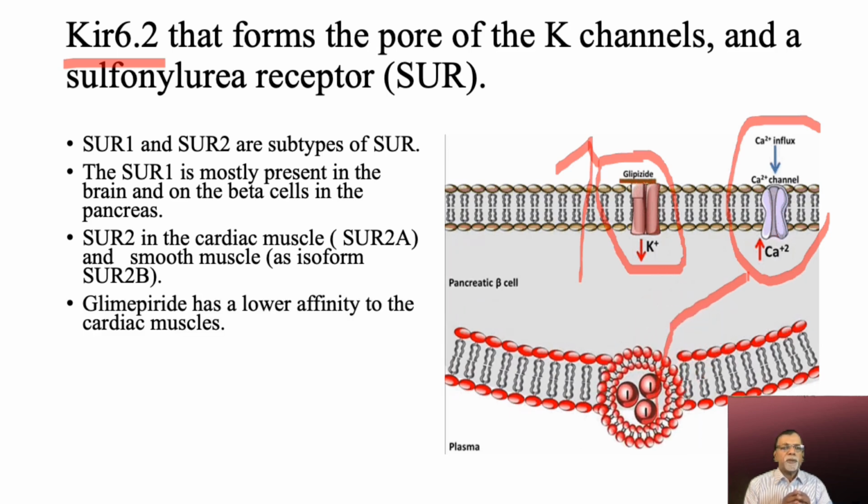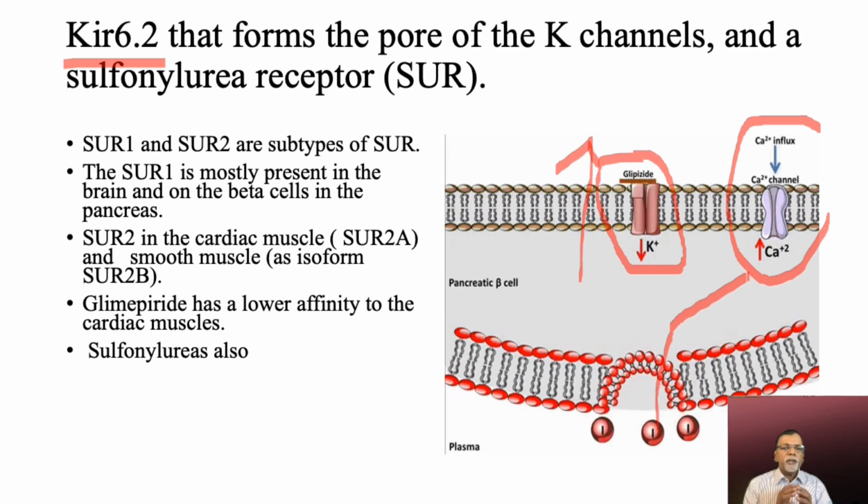What is the clinical relevance of this? Some of the sulfonylureas have affinity to bind to both SUR1 and SUR2. Those that bind to SUR2 can lead to changes in the heart and can lead to adverse cardiovascular events, especially when the patient develops myocardial infarction.